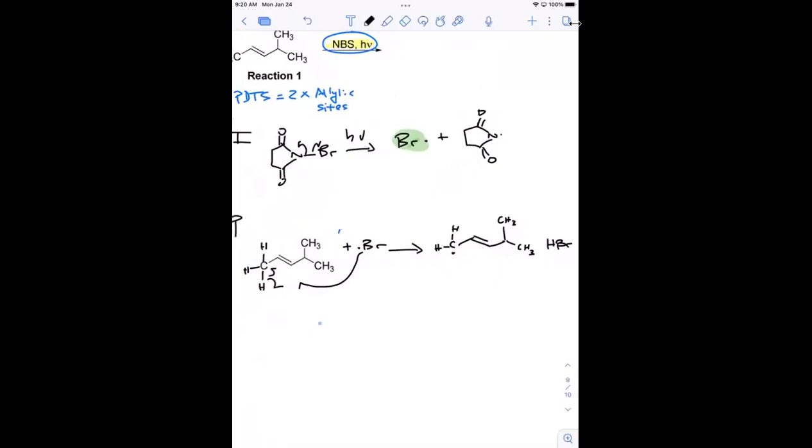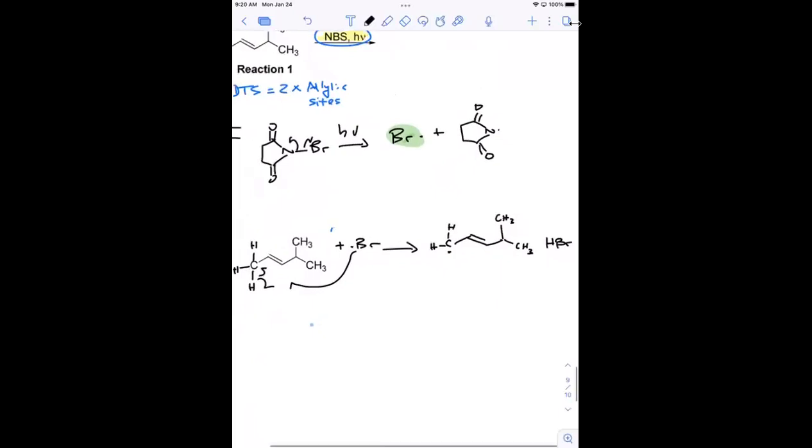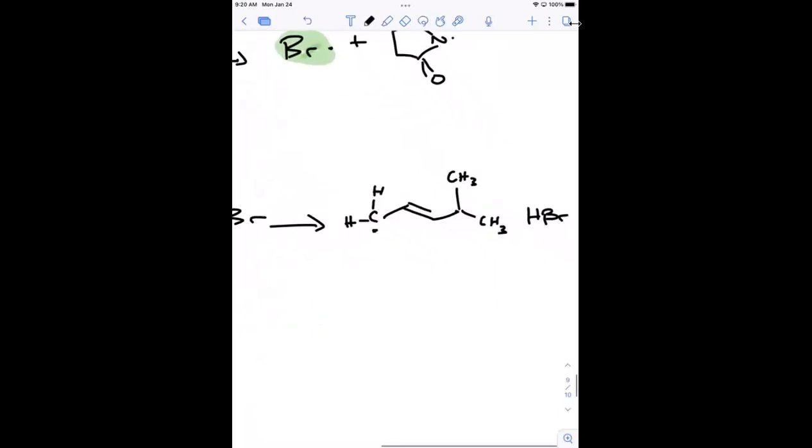What now? Somebody tell me with this radical right here, what is the resonance form going to look like? Because it's going to do resonance. Go ahead, Tosh. Do you break the double bond?